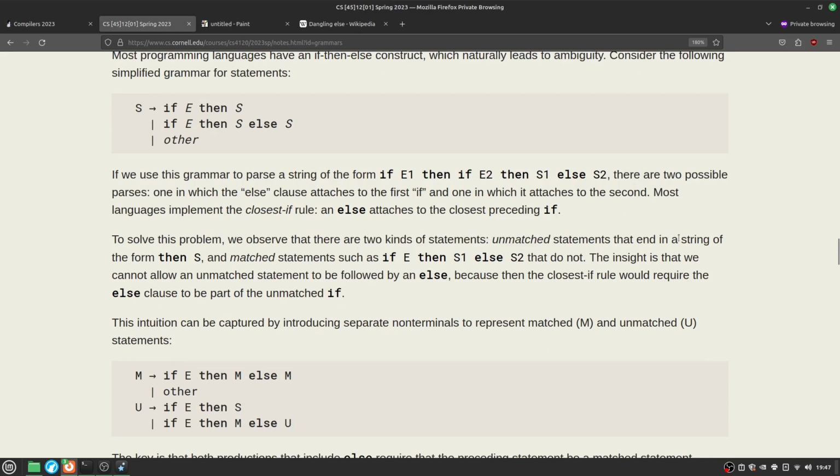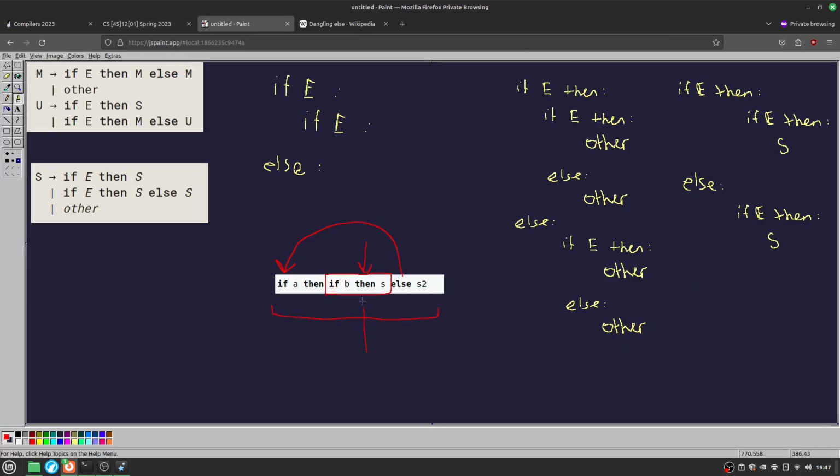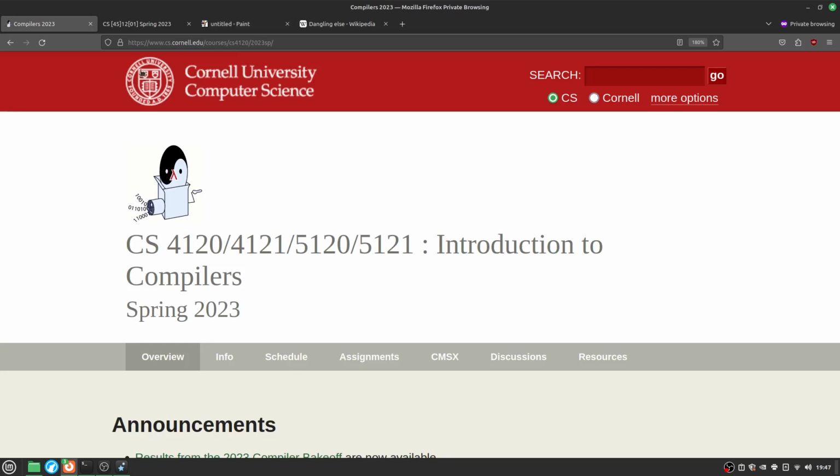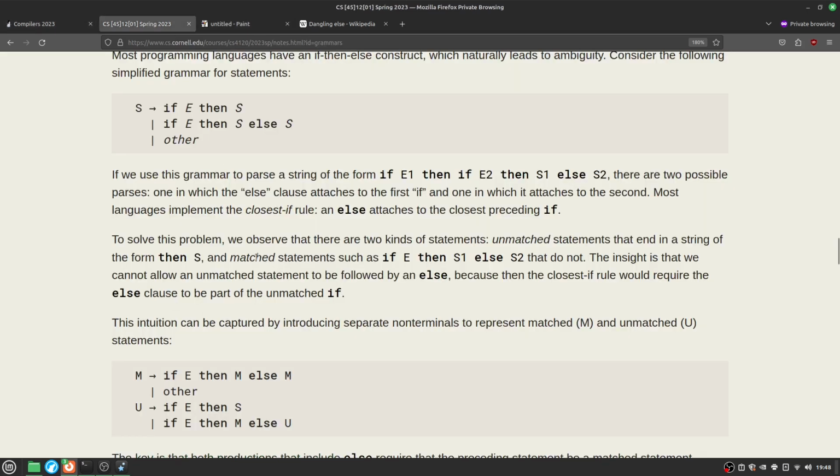Unmatched statements at the end of a string of the form then S. Yep, so this would be an unmatched statement in here. And matched statements. The insight is that we cannot allow an unmatched statement to be followed by an else, because then the closest if rule would require the else clause.